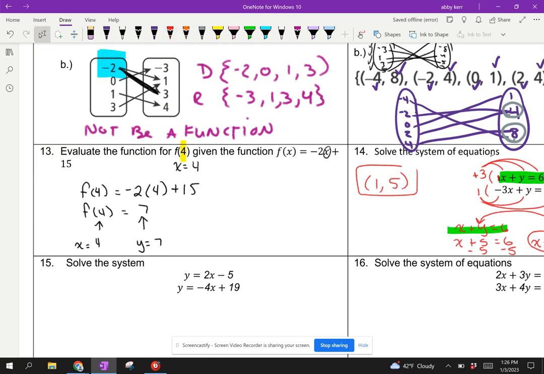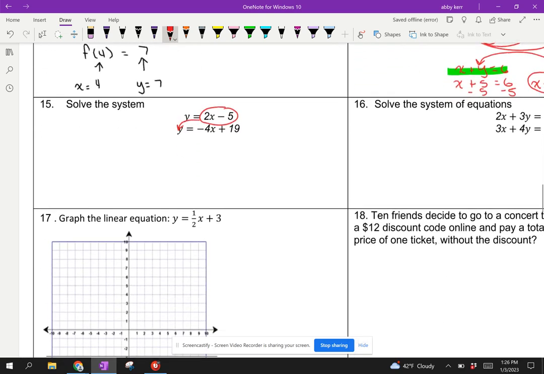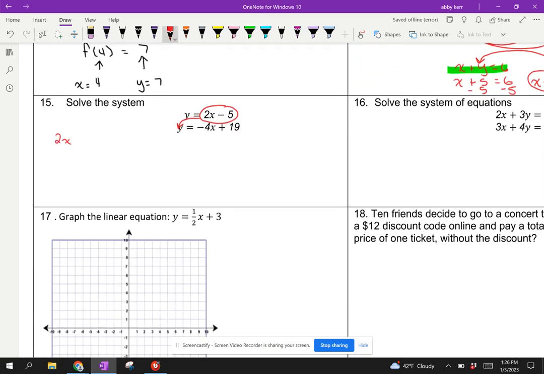For number 15, I recommend substitution because we have y equals, y equals. So then we have, and you can just put this into your calculator as well and graph it if you want. So I need to undo the minus 4x by adding 4x.